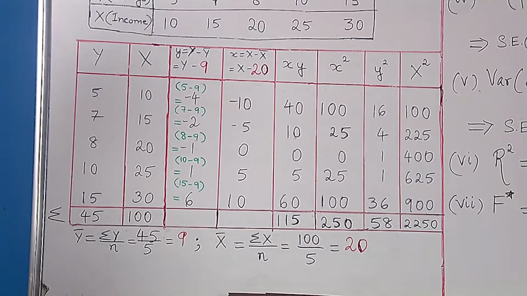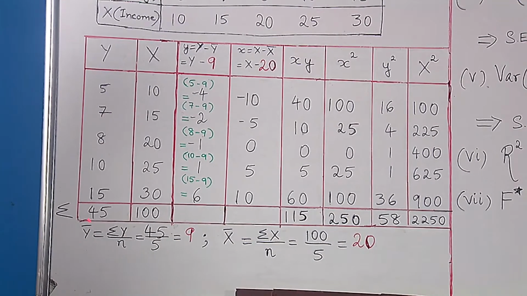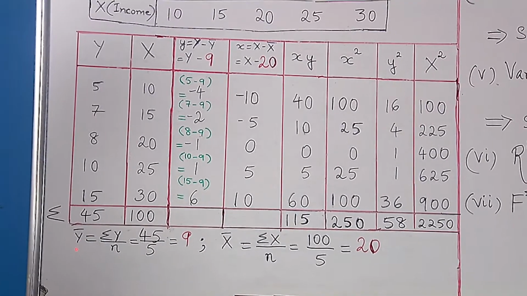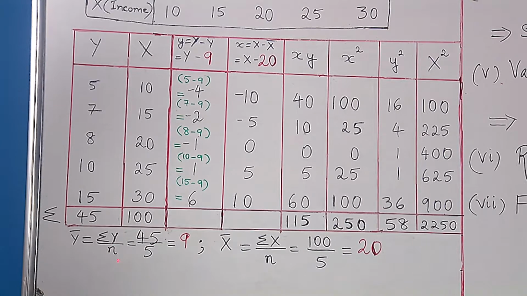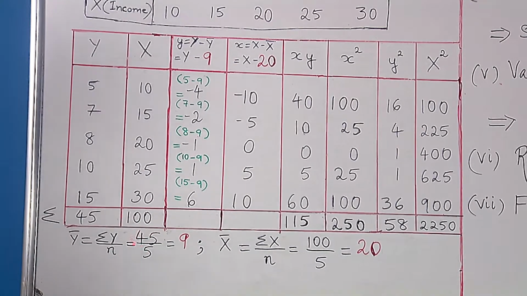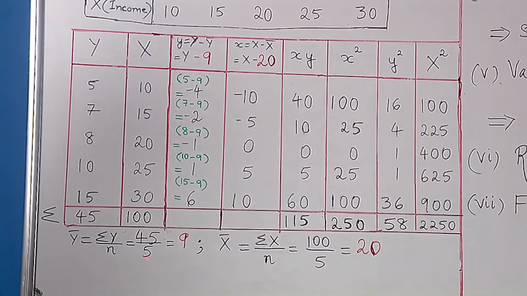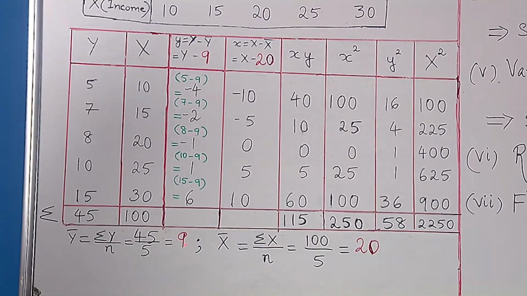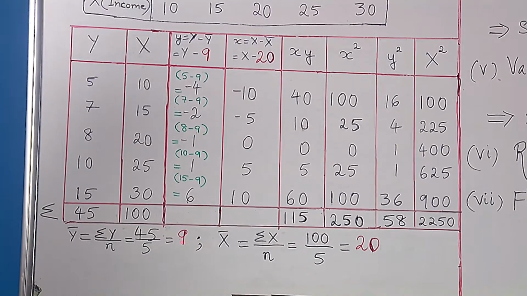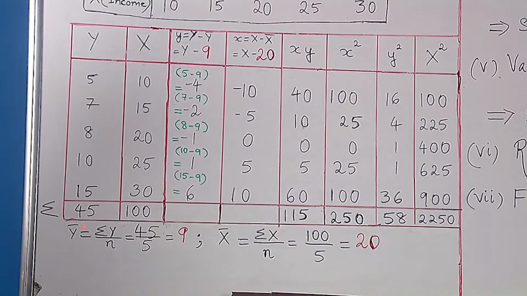Now, the next step is finding the mean or the average of the savings. So, what is the formula? It is y bar is equal to sigma y by n. Substitute 45 by n, which is the number of households, that is 5, and when you divide it you get the answer as 9. So, this is mean of the savings, that is y bar.